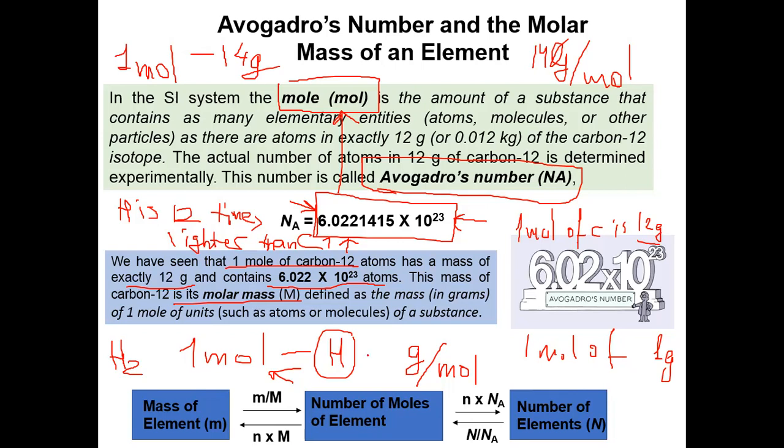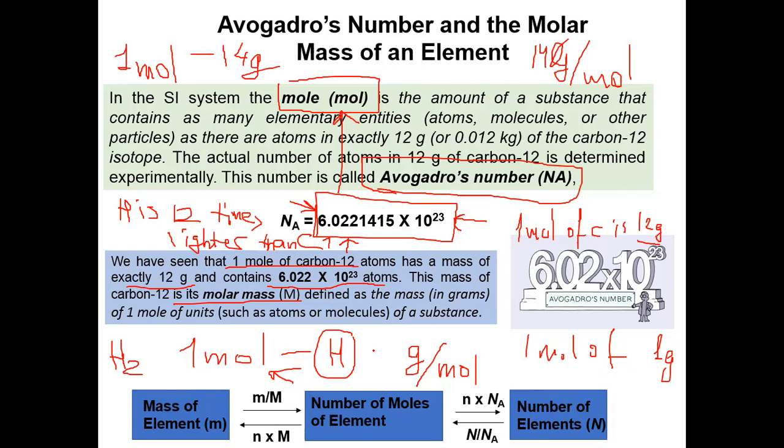Now let's see the relationship between moles, grams, and Avogadro's number. This is very important. These 3 parameters, we need to understand how they are interrelated. Again, if we have 1 mole of an element, it means that we have 6.022 times 10 to the power 23 atoms, for example.